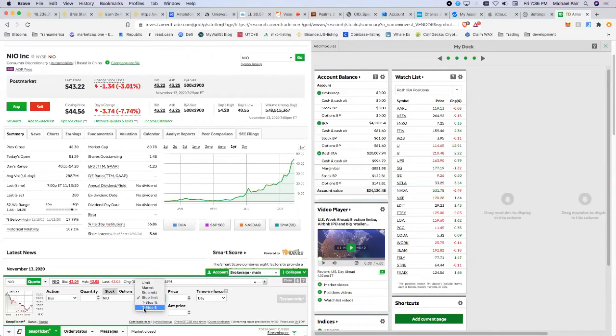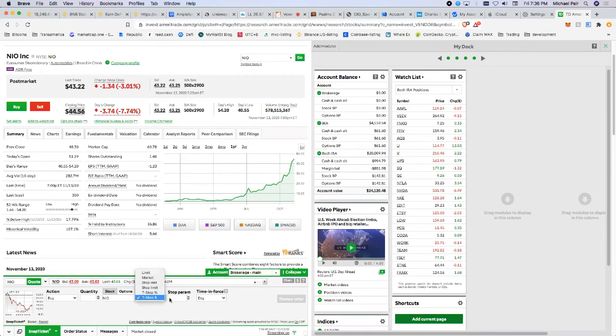And then here you've got trailing stops. So trailing stops, think of it like this. Say the stock is at 44.56, and a trailing stop says, how much room do I want to give this stock before I sell it? Let's say you'll give it a $3 cushion, right? So you can put in a trailing stop for $3. And you can put it in as a dollar amount, or you can put it in as a percentage amount.